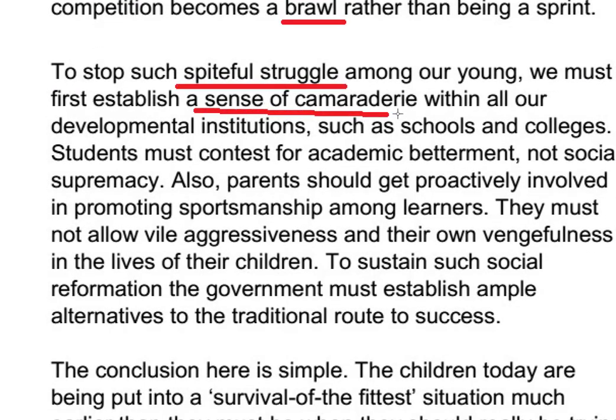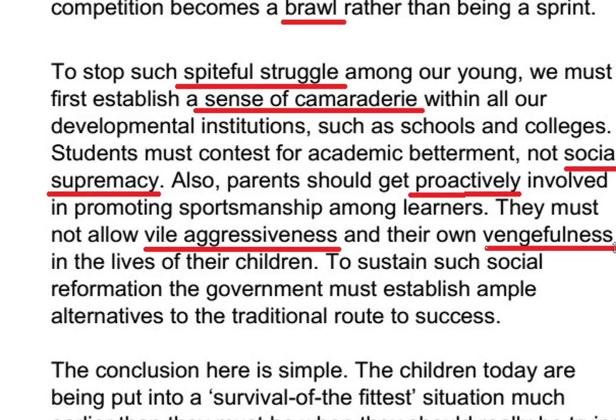A sense of camaraderie, that's great. Social supremacy. Okay, supremacy, that's a good word to be using. We have proactively, vile aggressiveness. The writer uses some very interesting adjectives.